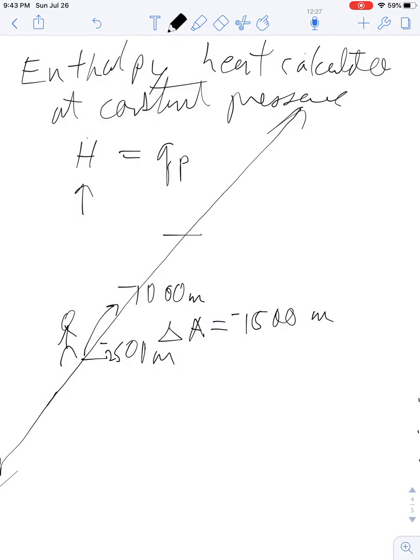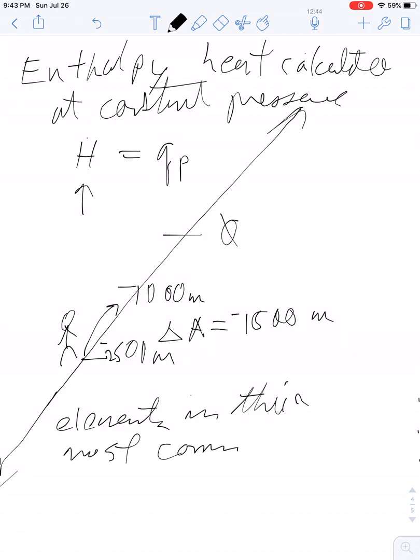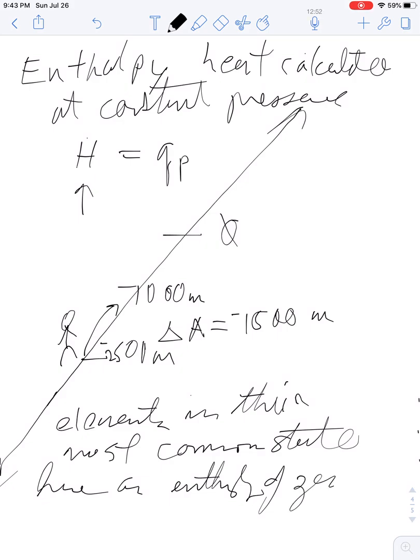Well, you pick an arbitrary 0 point. And that arbitrary 0 point is: elements in their most common state have an enthalpy of 0.